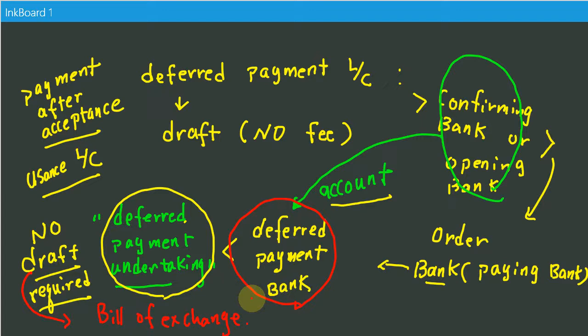Okay, and then we will go to the similar ones, the acceptance LC and then the nuisance LC. We will go step by step. Because these three types of LC are quite similar, except for one distinction: not requiring a bill of exchange.